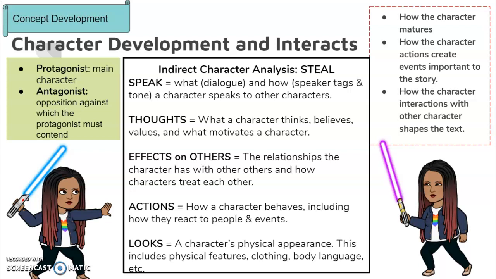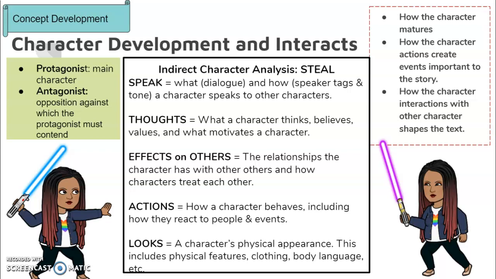We're looking at how the author uses details that show this character's growth. For example, in seventh grade, you all read A Long Walk to Water. So how does Salva's encounter with his uncle motivate him throughout the text?